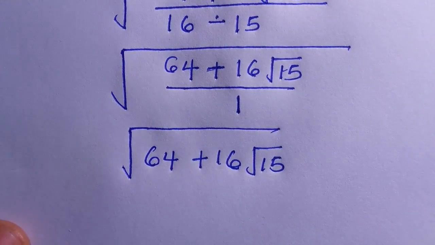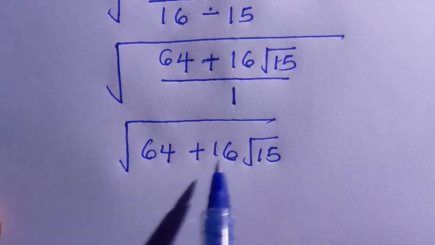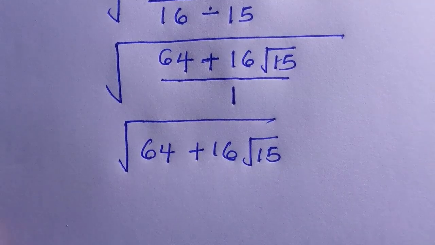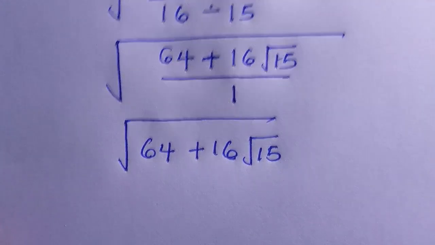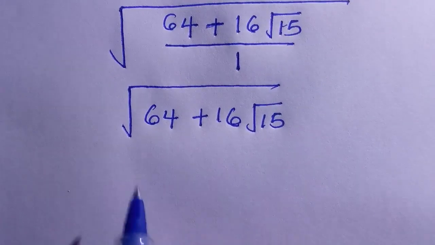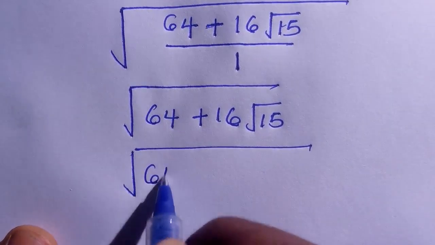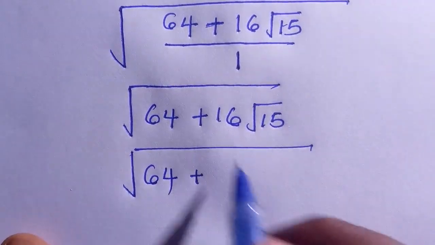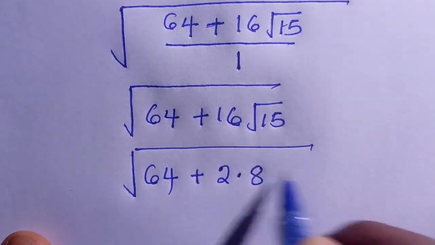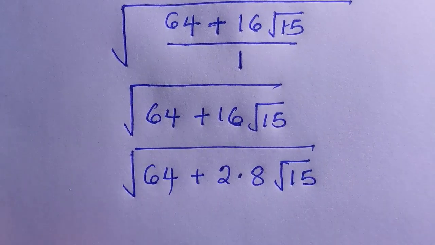So the next step is, once we have this root of 64 plus 16 root 15, what to do next is we are going to break this into the product of 2 and 8, which is square root of, so here remains 64 plus, this we write it as 2 multiplied by 8 square root of 15.